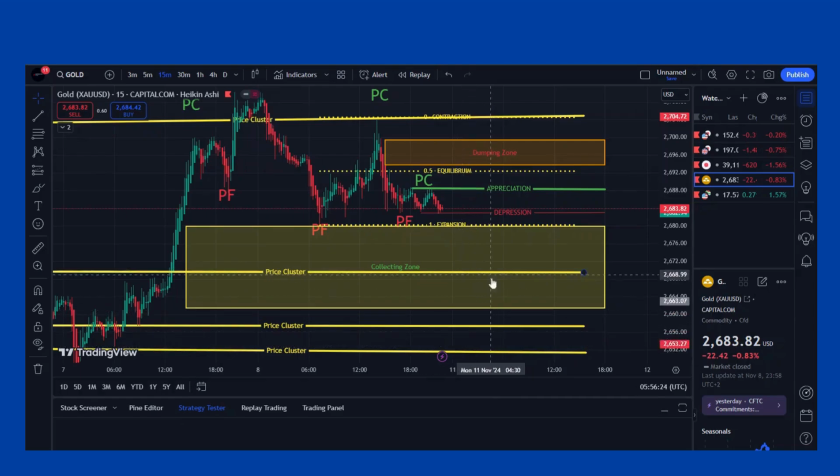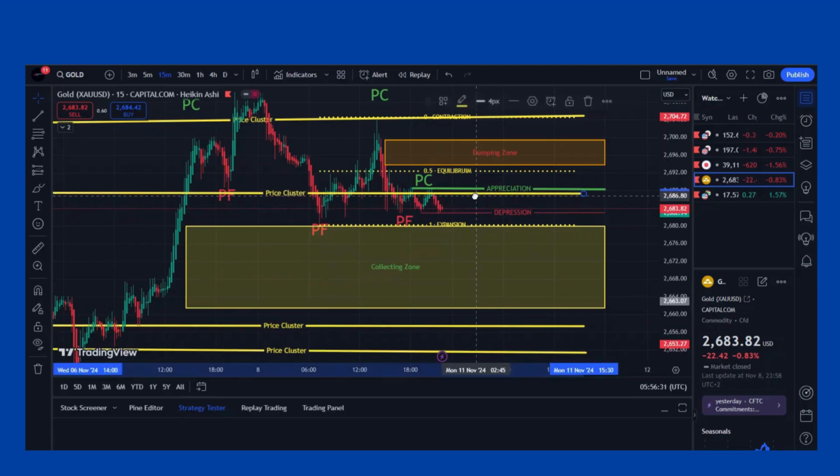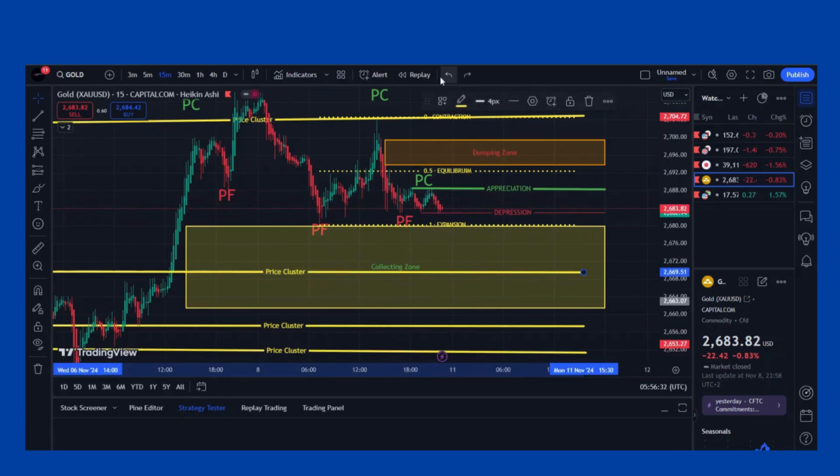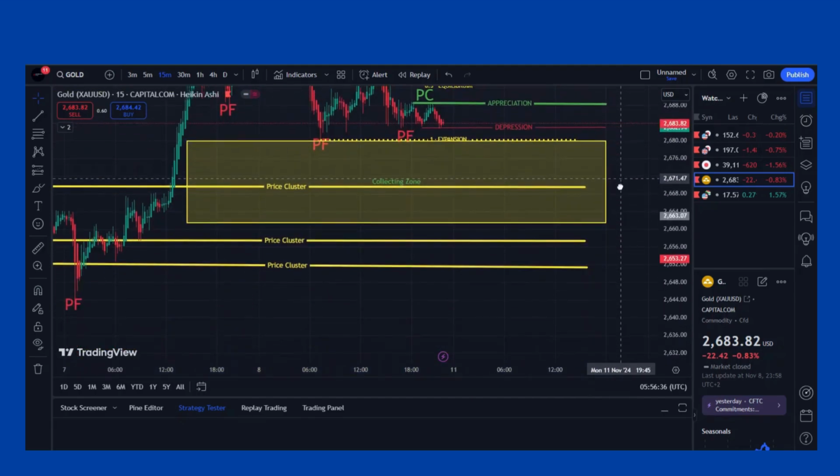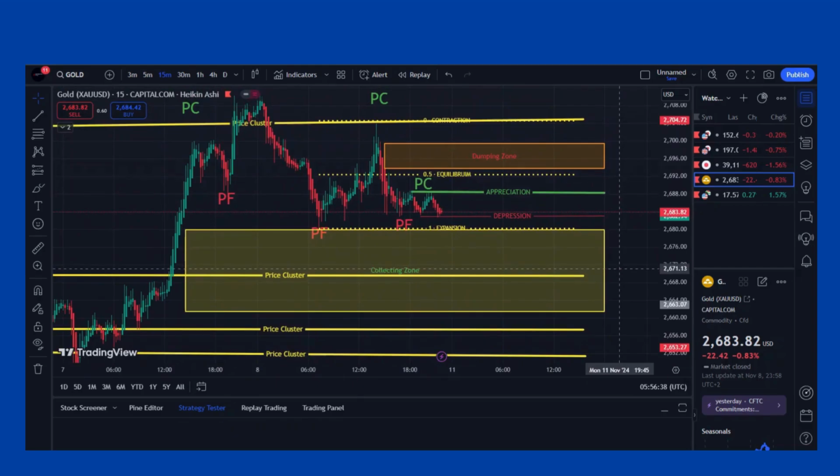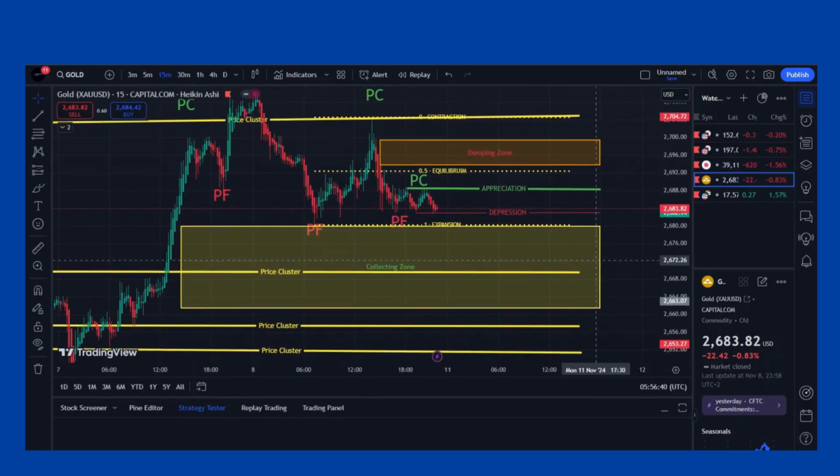And once it has mitigated the collecting zone, it will be focusing on these two price clutters. As soon as it mitigates these two price clutters, we assess that the possibility will be seeing a market shift. Of course, that will be based on fundamental data, right?